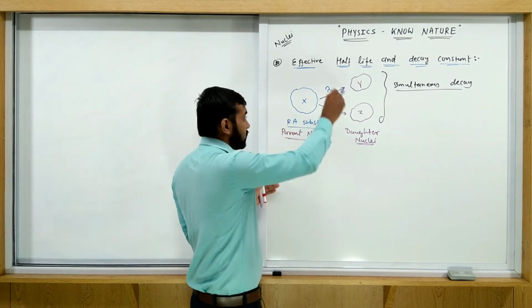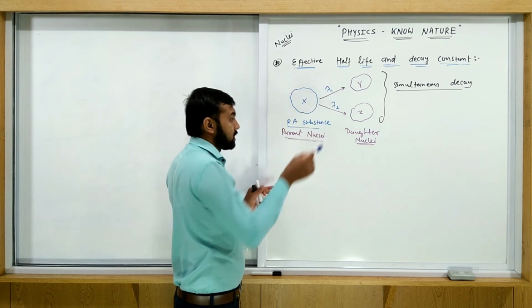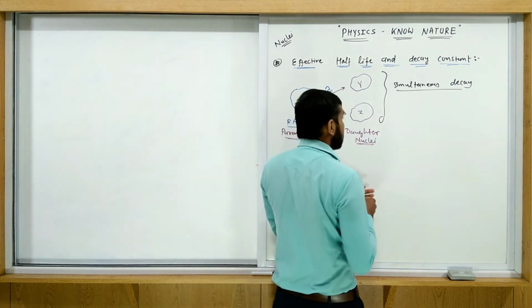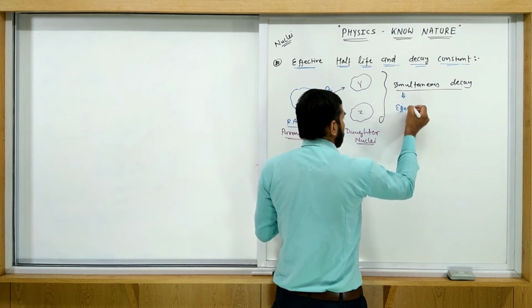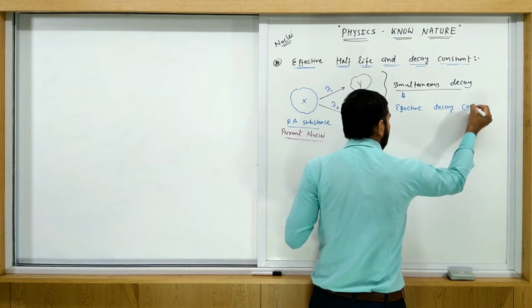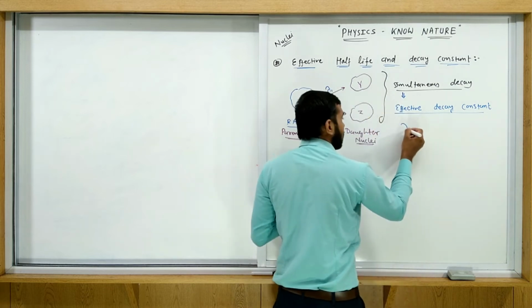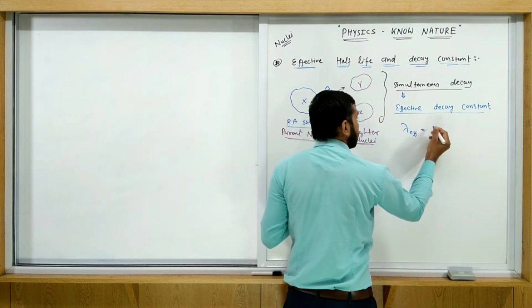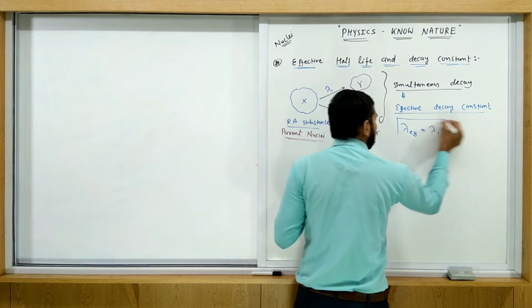So if you consider that both are together, then in a simultaneous decay, the effective decay constant is given by lambda effective is equal to lambda 1 plus lambda 2.